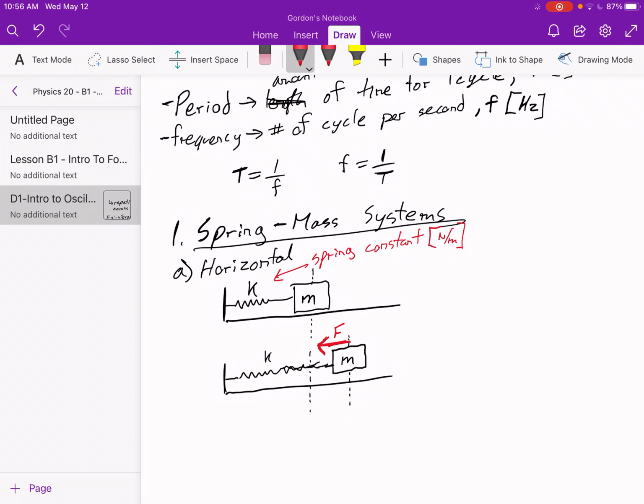And the more you stretch the spring out, the greater this force is. We call this a restoring force because we're trying to return it to equilibrium. We're trying to restore the equilibrium, but really it's a net force. What is the net force that is causing this to return back?